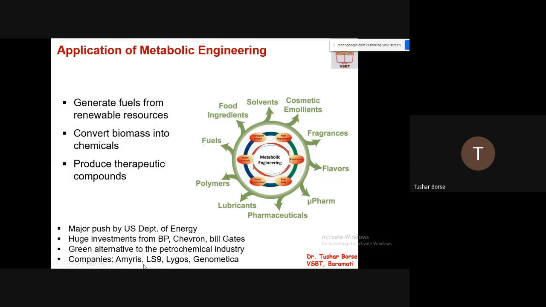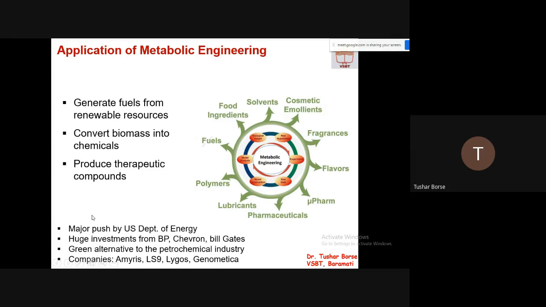There are a few companies we can quote here, like Amyris, LS9, Lygos, and Genomatica. These are the companies which have successfully worked on metabolic engineering, or you can say they have commercialized the products obtained through metabolic engineering.